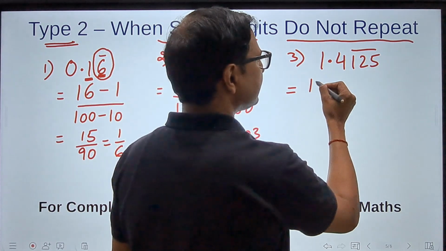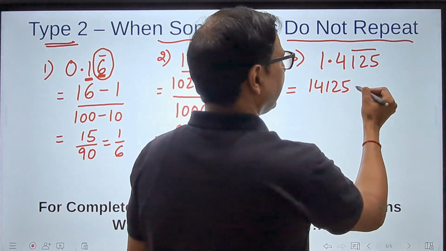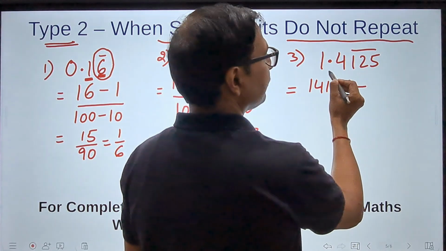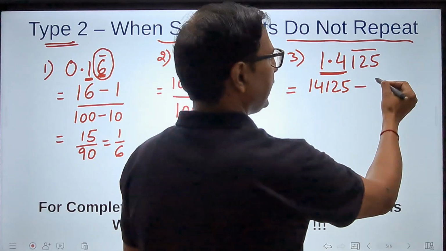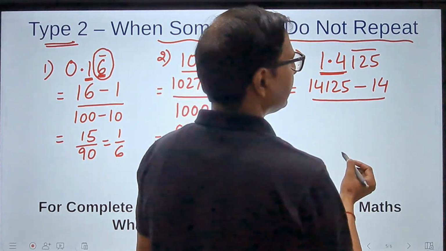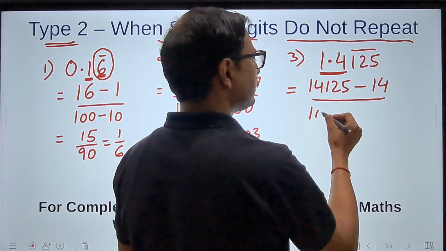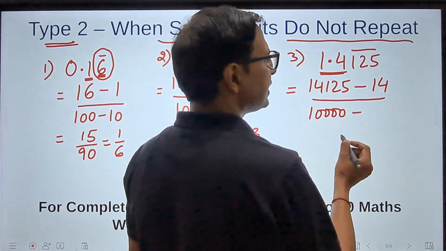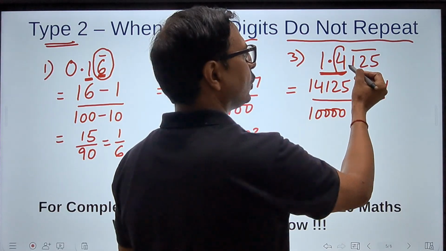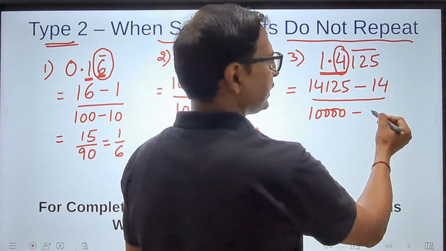The entire number is 14125 minus what? The number without bar, that is 14, and divide by what? How many digits are there after the decimal? 1, 2, 3, 4. So 4 means 4 zeros, minus how many digits after the decimal don't contain a bar? 1. So 10.